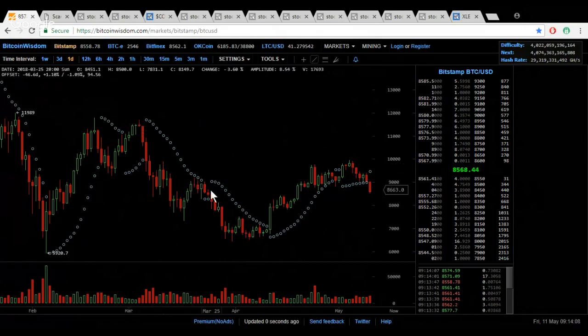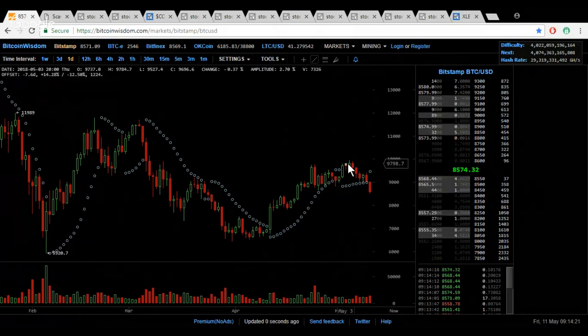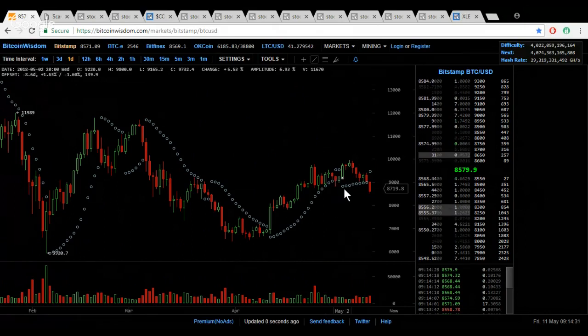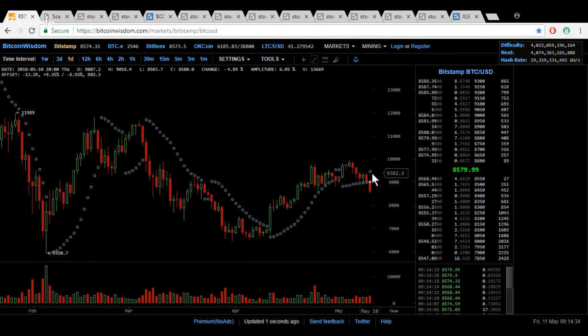We had a pretty long period of time where it was signaling the downtrend, and everybody remembers this big up candle that took us all the way back to 10,000. The stop and reverse worked very nicely, keeping you in that, then went negative, then went positive, and just on this last candle has gone negative again.